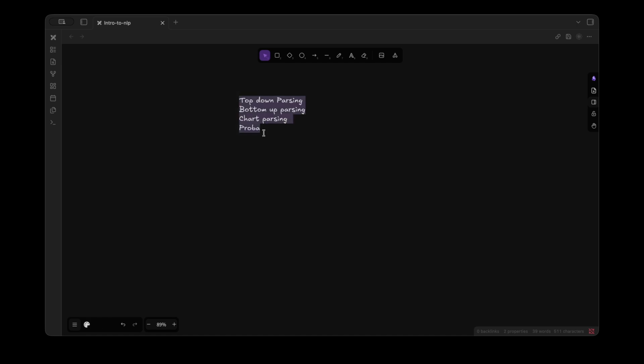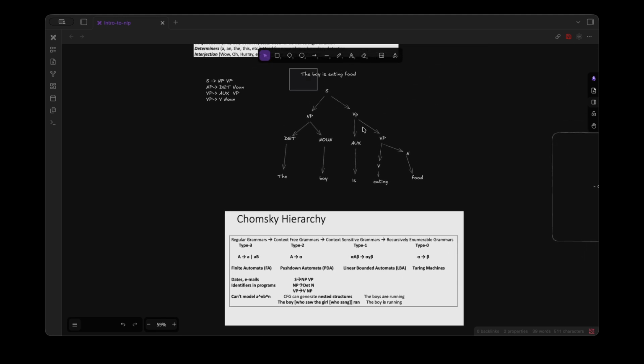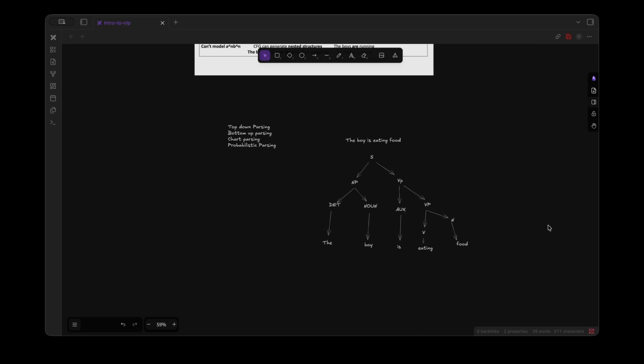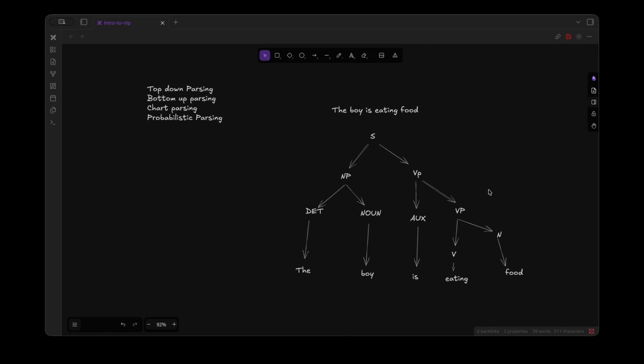So to talk about these four things, I'm going to take an example. This is the example. We're going to talk about top down parsing and bottom up parsing.